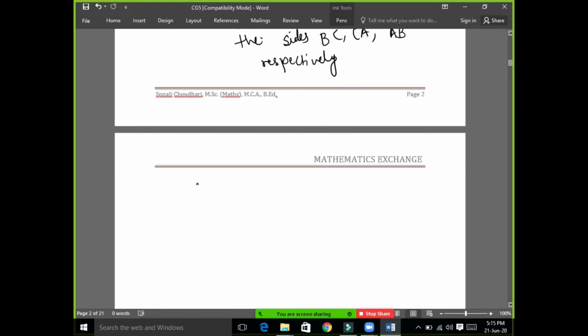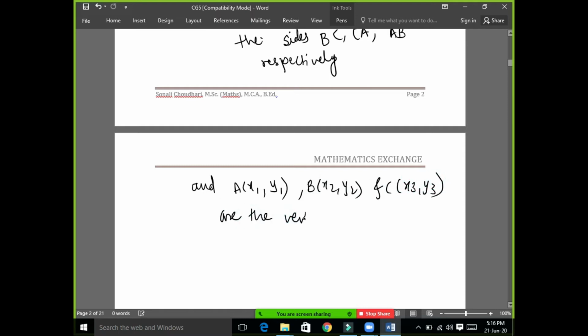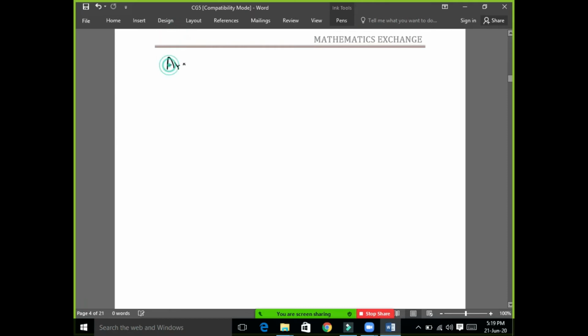And A of (x1, y1), B of (x2, y2) and C of (x3, y3) are the vertices of the triangle. So obviously x1, x2, x3 and y1, y2, y3 take values from these vertices.